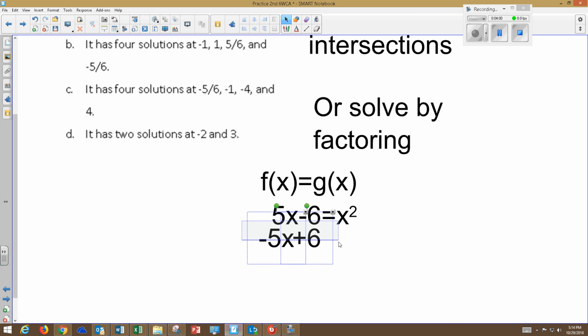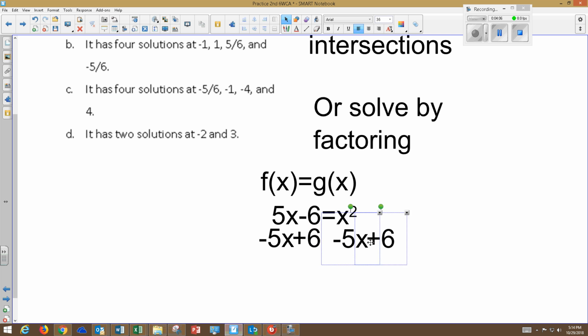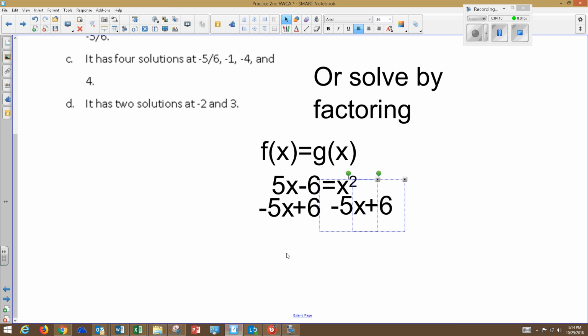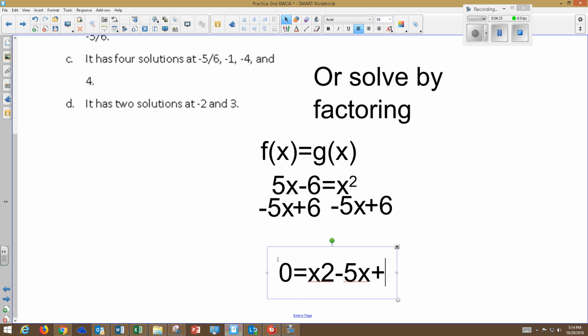What I do on one side, I should do on the other. So I get this. Of course, this whole side is gone, and I end up with 0 equals x squared minus 5x plus 6.